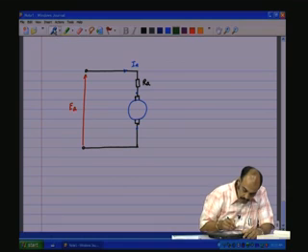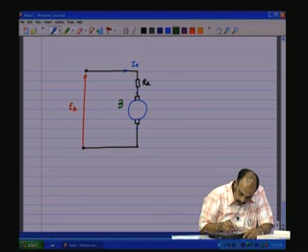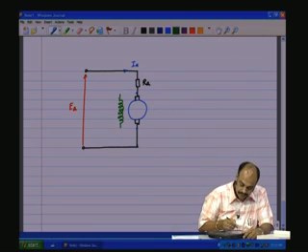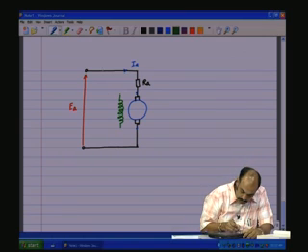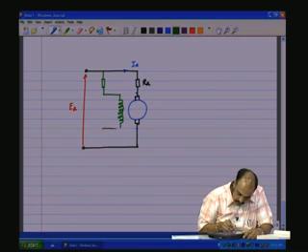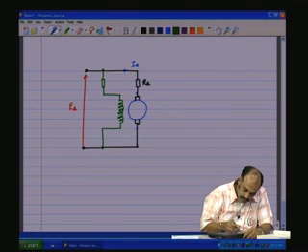We have the field coil which is shown like that. Now, this field coil goes through a field resistance and gets connected to the terminals as shown.